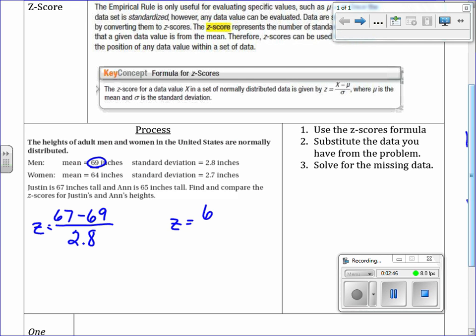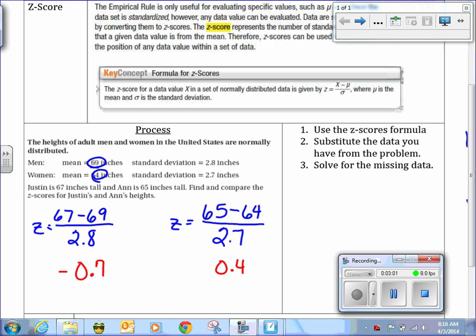That's our X value. Minus the mean for the women, which is 64, all over 2.7. So I went ahead and did the calculations, and for Justin it would be negative 0.7, and for Ann, it would be 0.4.